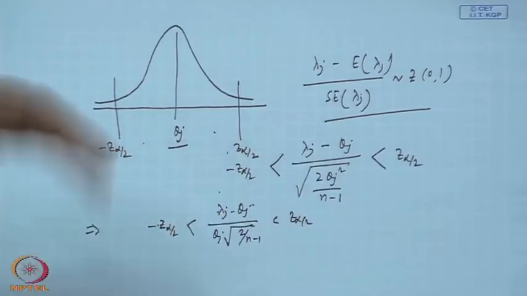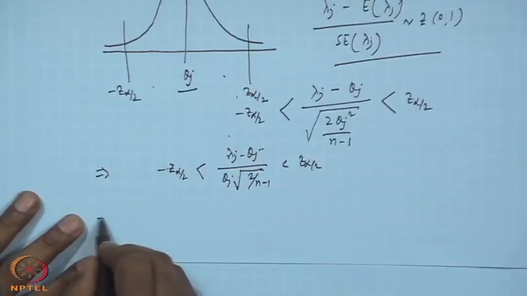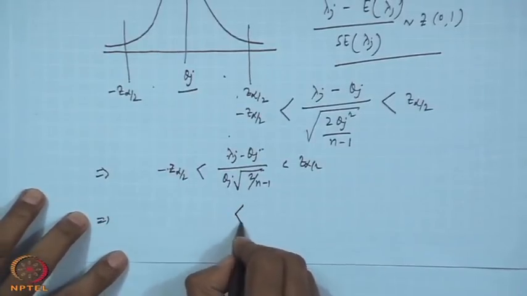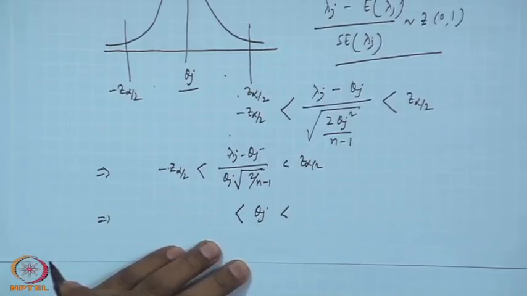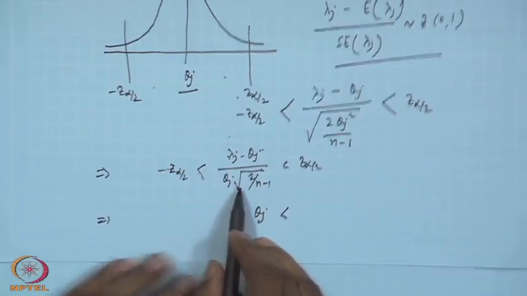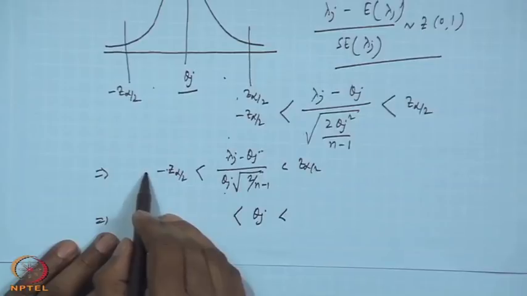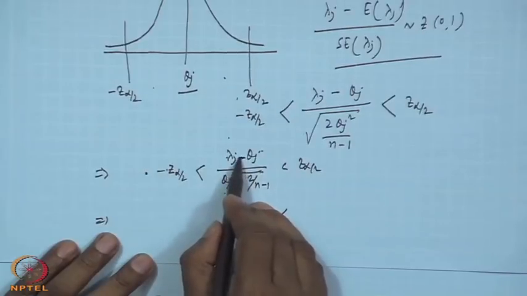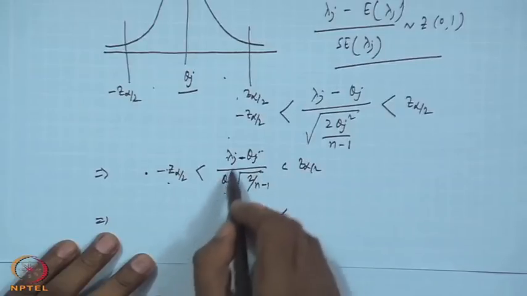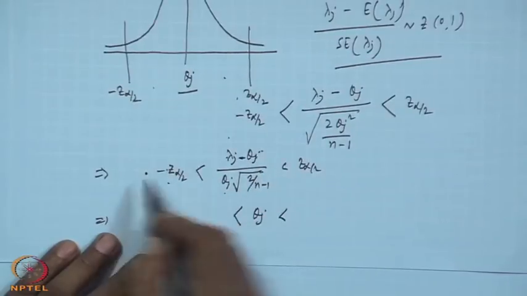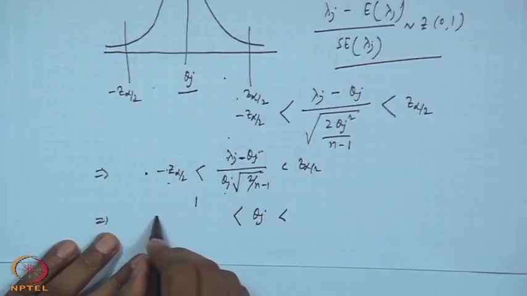You do the mathematical manipulation, then ultimately theta j will come out here, and this quantity will be added, and as it is within this, 1 by something will come.